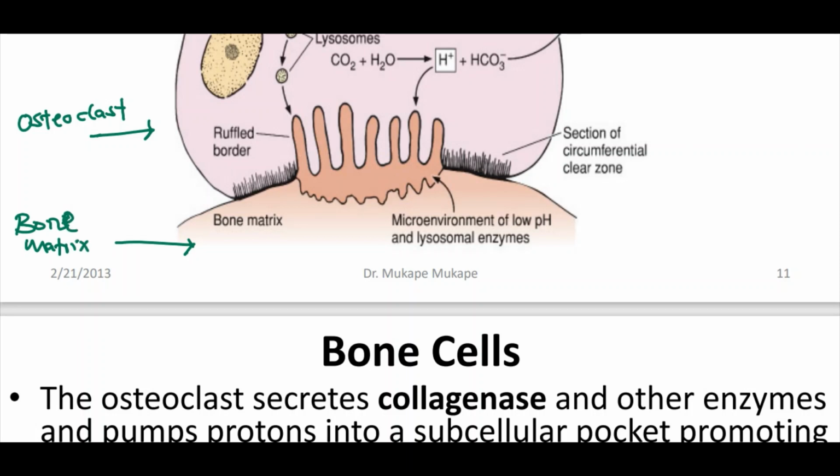Now, where the osteoclast and the bone matrix are connecting, this is what we call the ruffled border. This is the ruffled border here, the one that I'm tracing through. So the ruffled border, and an area where there are actin filaments. These are actin filaments.